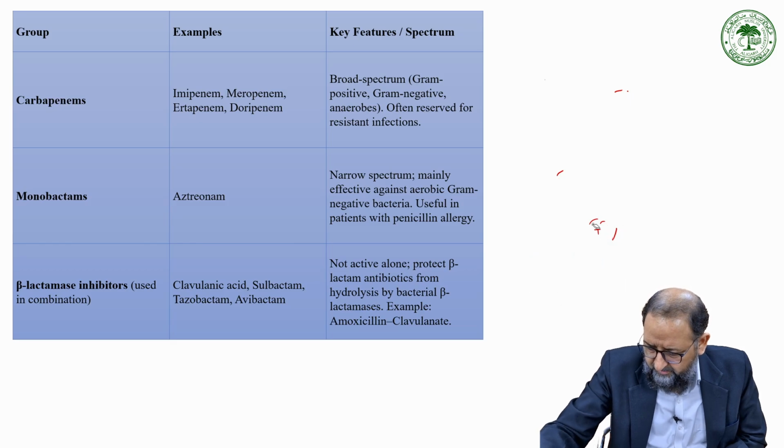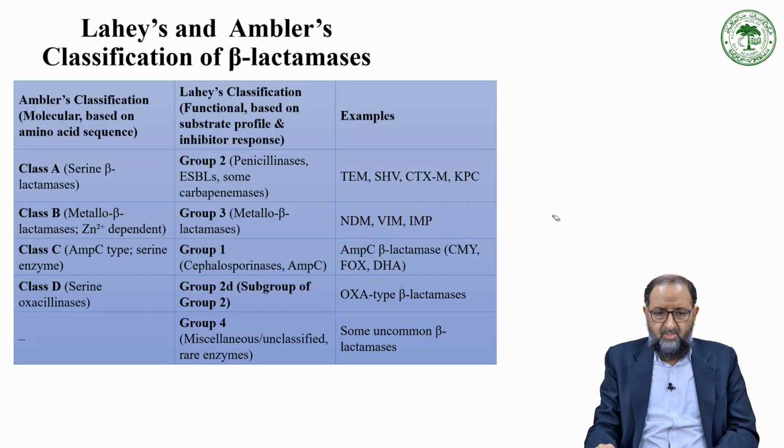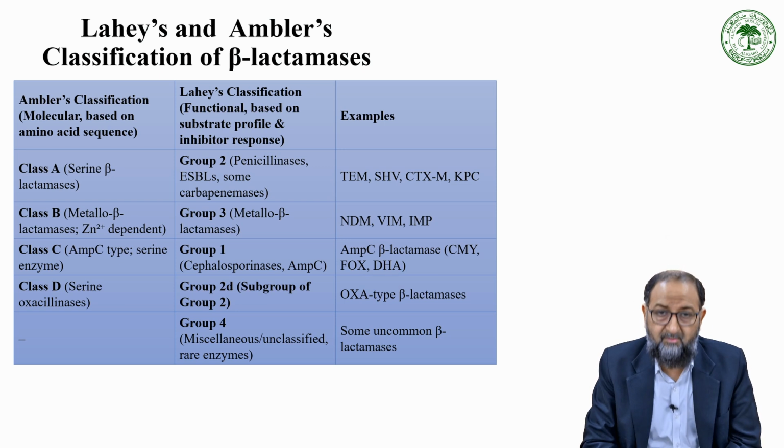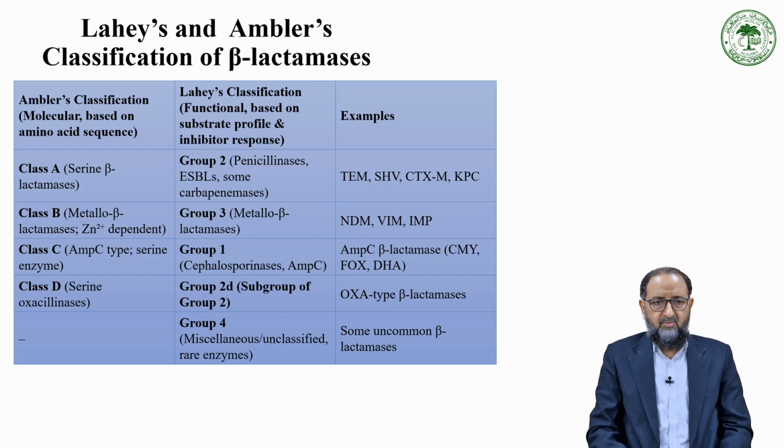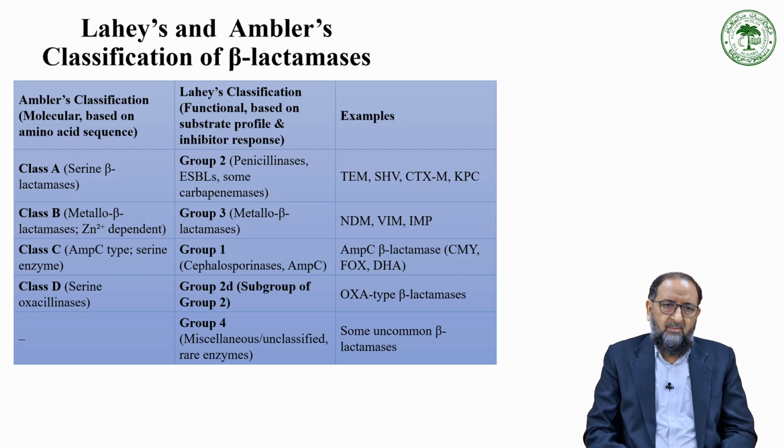Now, similarly, we have some more. So this is the Ambler and Bush classification of beta-lactamases. These are the two classifications which are commonly used for identifying classes in terms of A, B, C, D, group 1, 2, 3, and so on. The Ambler classification is molecular, based on amino acid sequences.